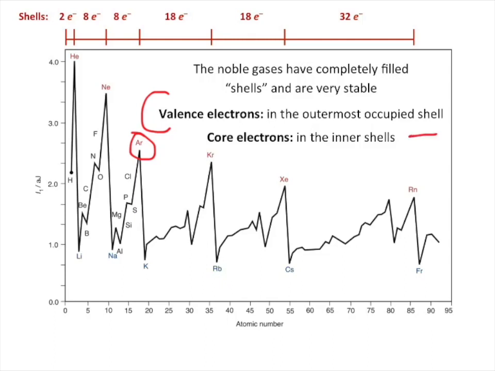And then the opposite term, core electrons, are in the inner shells. We wind up using valence electrons a lot because those are the ones that interact with other elements nearby to form molecules and chemical bonds.